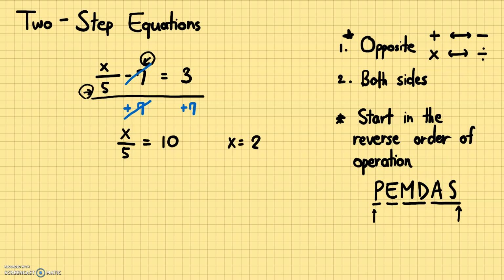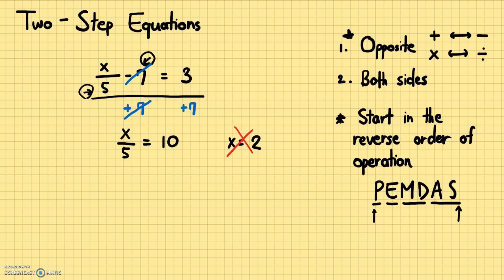X does not equal 2. Some of you see division, 5 and 10, and automatically you think x equals 2. This is a very common mistake. So I know 2 could be an intuitive answer, but don't trust your intuition too much here, because it might lead, or it very often does lead, to incorrect answers.